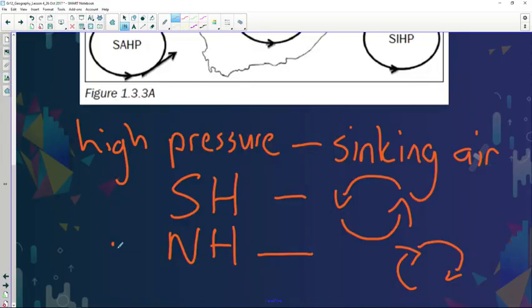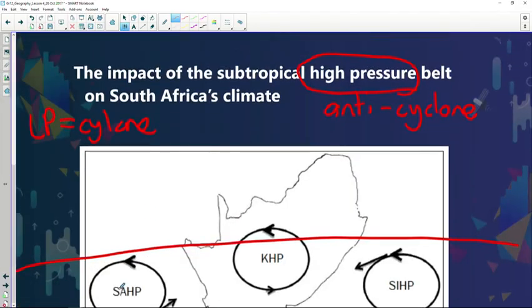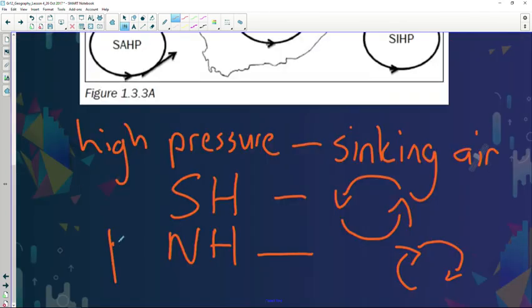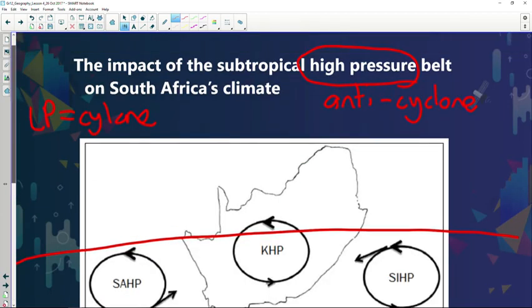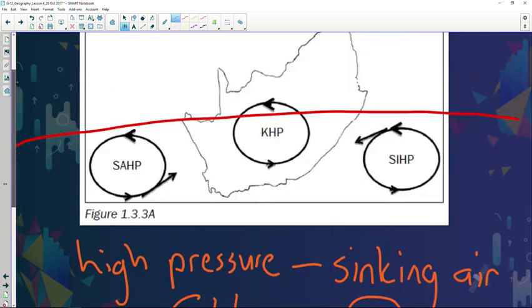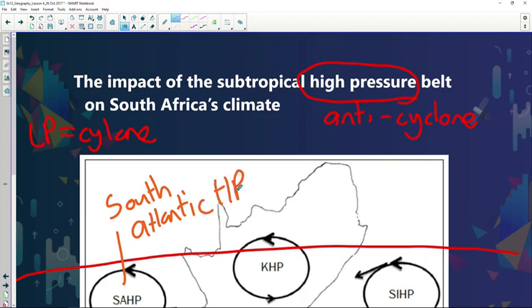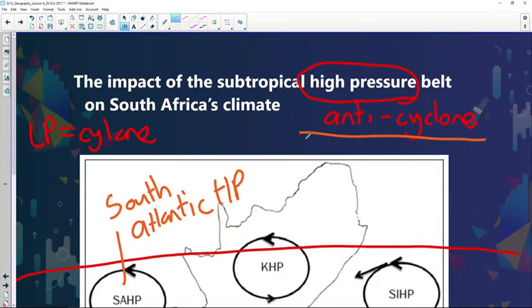Now, as you can see, this thing keeps on jumping. Let's just get it right. This is the South Atlantic high pressure. Please, Gr12s, bear in mind that we refer to them as high pressure systems or anticyclones.